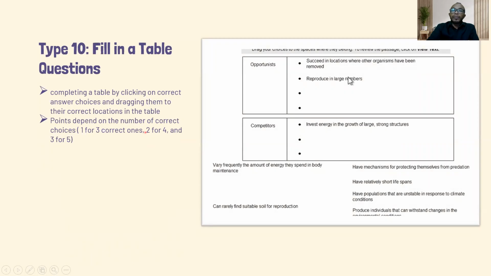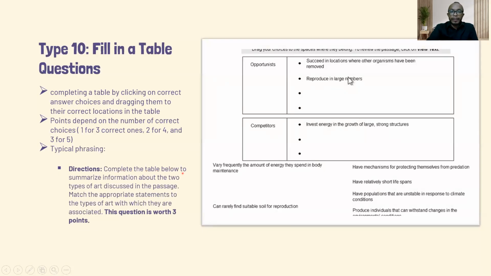You can get 2 points for 4 of the correct options that you categorize in the column or in the table, and of course 3, 4, 5. It may, very rarely, however, give you more than 3 points if the options or the choices are more than what's given for questions that are worth 3 points.